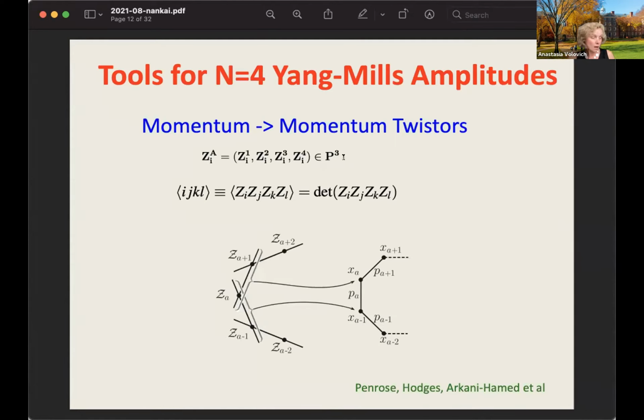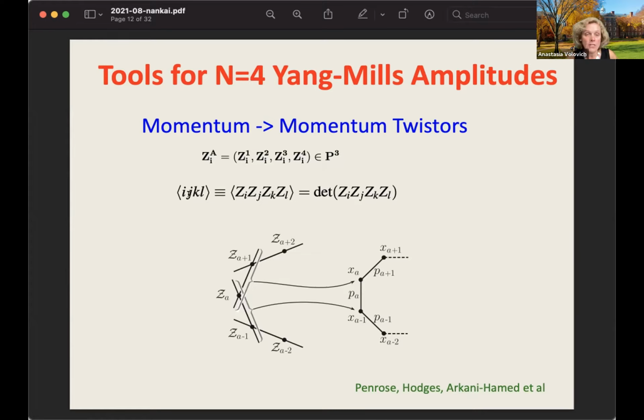Now, because of the special theory that we're looking at, which has this special symmetry called dual conformal symmetry, in these variables, this dual conformal symmetry is basically SL4C, and there's a natural SL4C invariant.